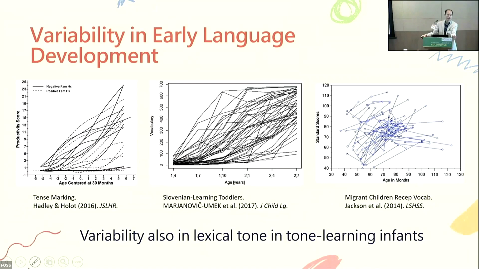Each line on each graph represents a child's development. As you can see across tense marking, vocabulary development, and whatnot, you can see quite a bit of variability. Some children may learn to be like this, but there are children who are more like this. So there's quite a bit of variability.